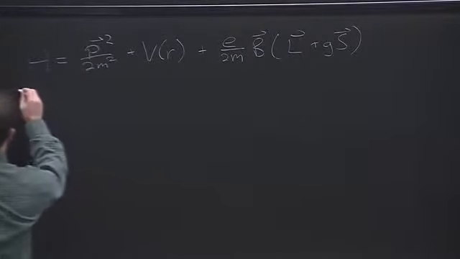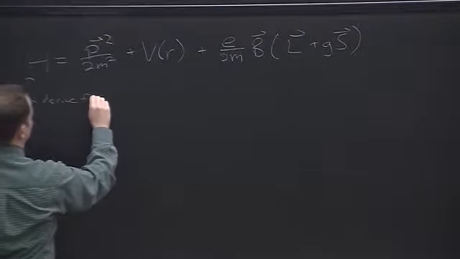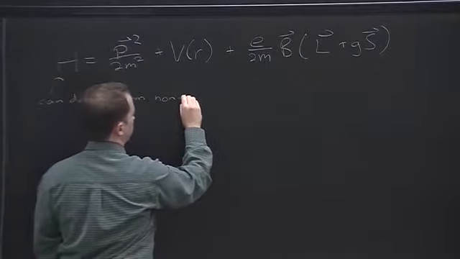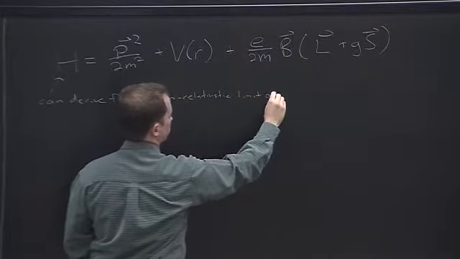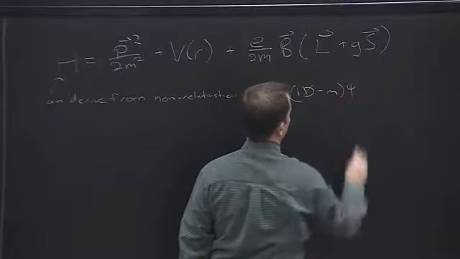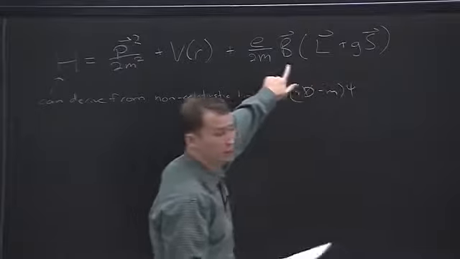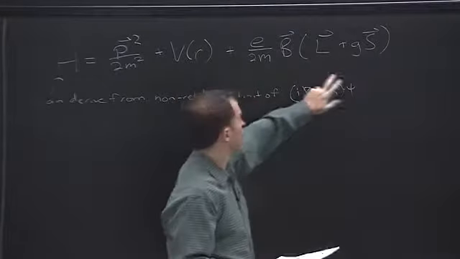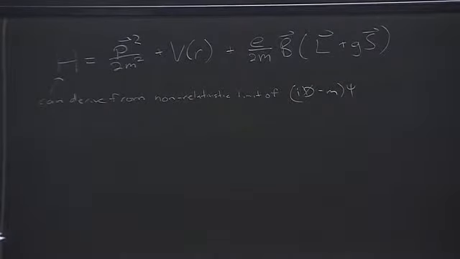So you can derive this from taking a non-relativistic limit of the Dirac equation. And so what g is, it's the coefficient that tells us how the spin of the electron couples to the magnetic field. So this is what we're interested in calculating.